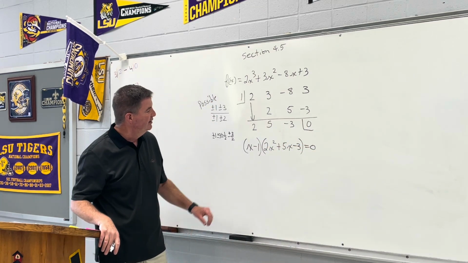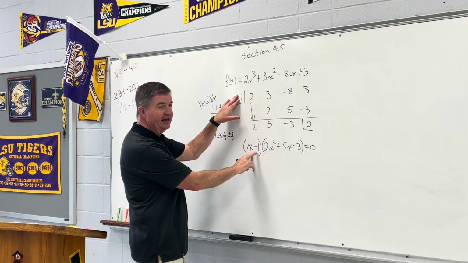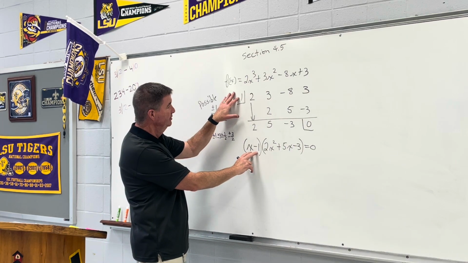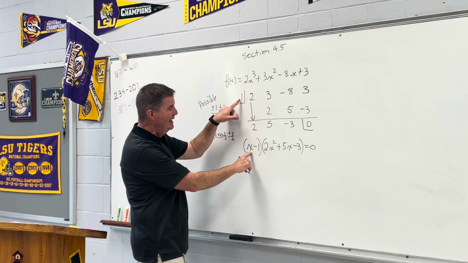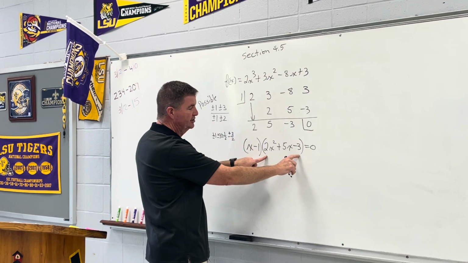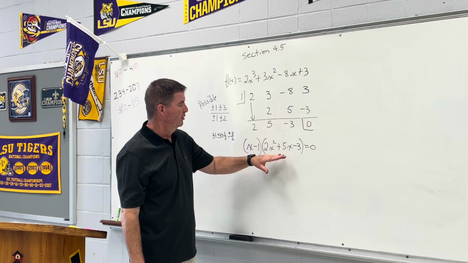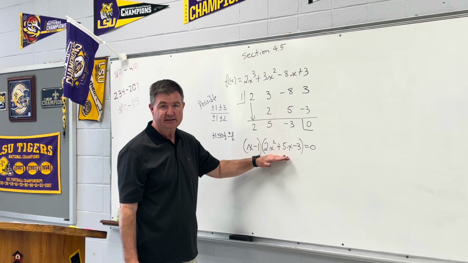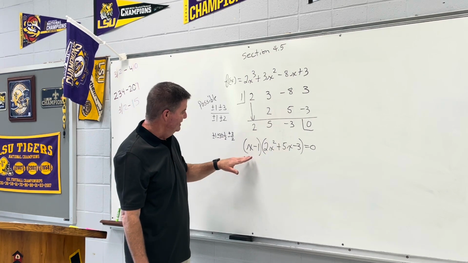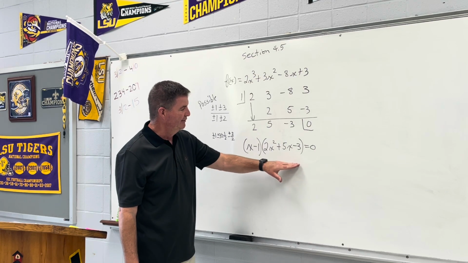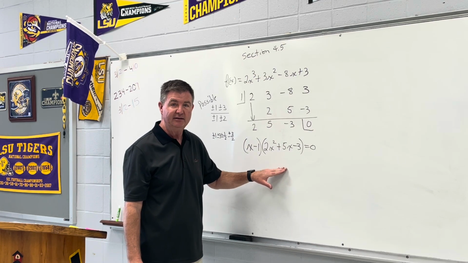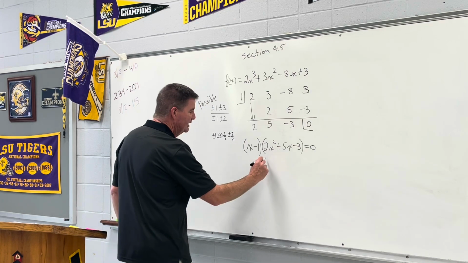So what do we have here? We factored out the x minus 1 as a binomial because 1 is a 0. And this is what we're left with, which is the trinomial. So at this point, we will try to factor this, because if we can factor this, then the 1 and whatever we have for our answers here will be the answers. Can I factor this?